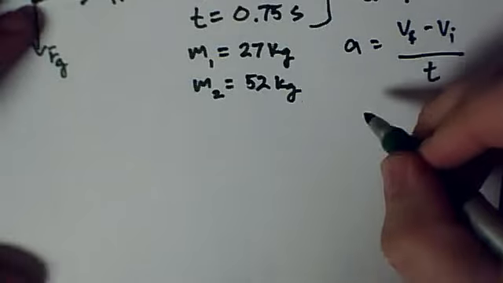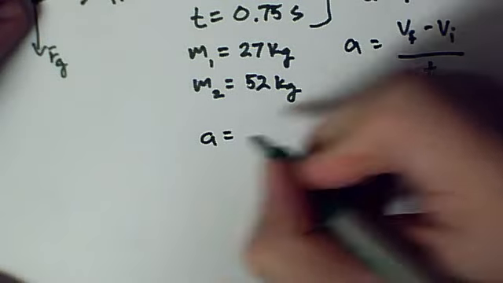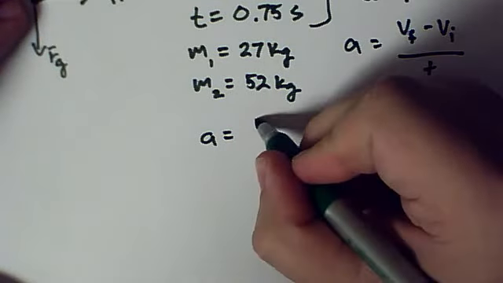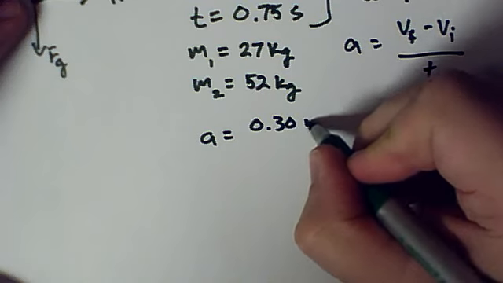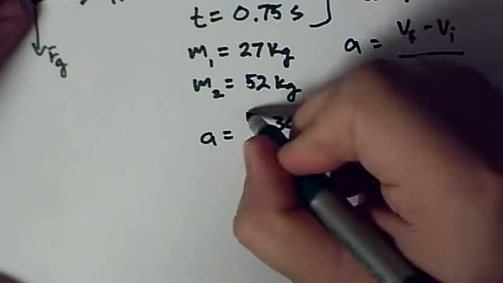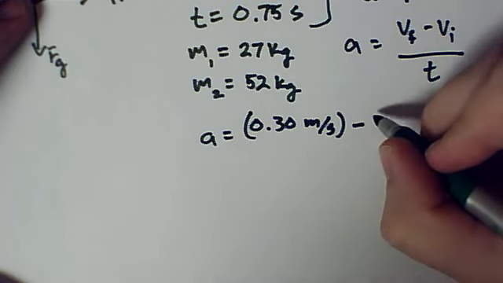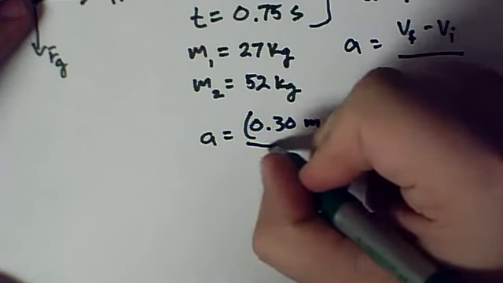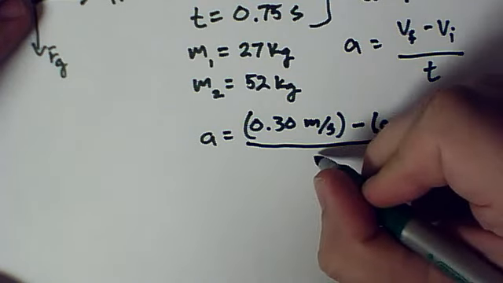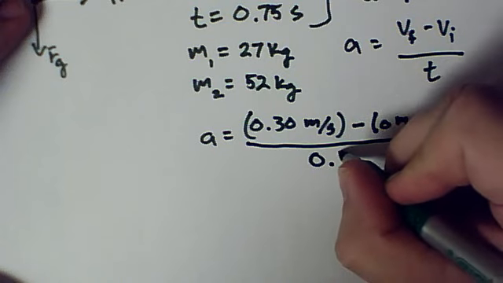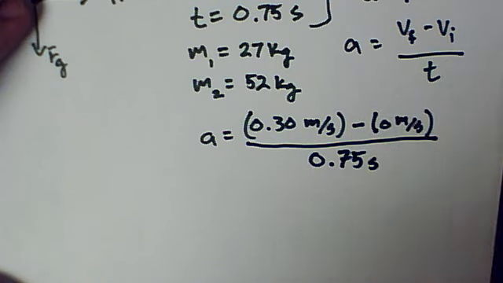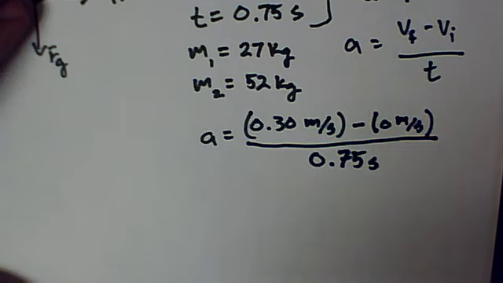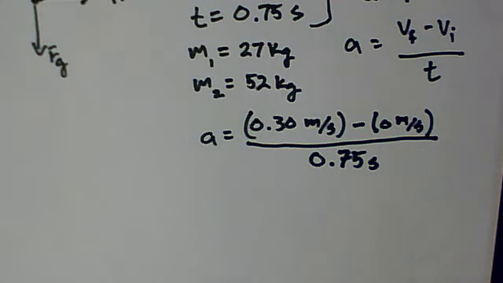So, if I just go ahead and plug in numbers, my acceleration is my final velocity, 0.30 meters per second, minus my initial velocity, which is 0 meters per second, all divided by my time, 0.75 seconds. So you're simply going to do that.